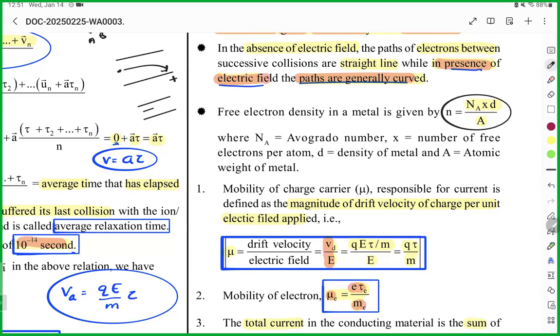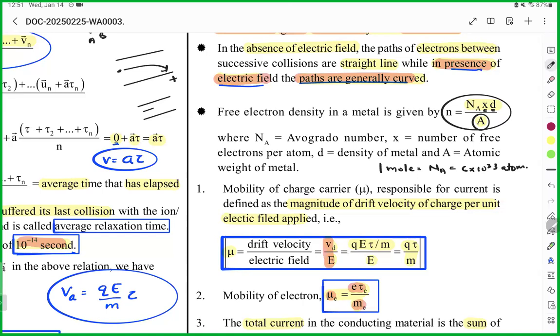Once you get the number of moles, 1 mole contains Avogadro number of atoms, or 6 into 10 raised to power 23 atoms. Then we check the number of electrons in each atom. That is the X value. D is density, like is it tightly packed or loosely packed? And A is atomic mass: if you have more atomic mass, a heavy material, then you can accommodate a lesser number of electrons.